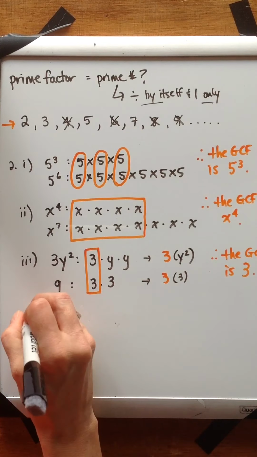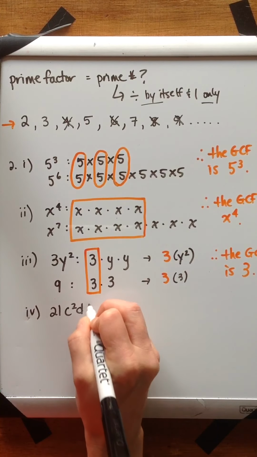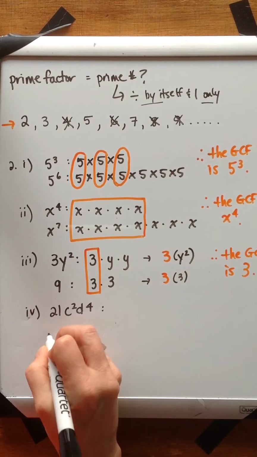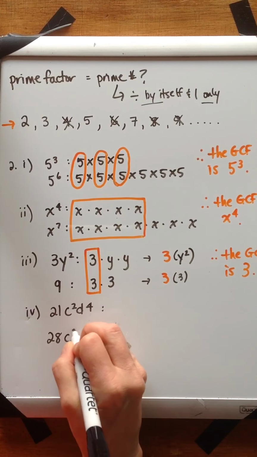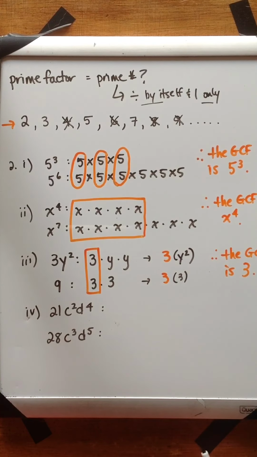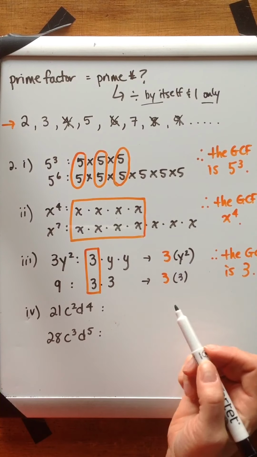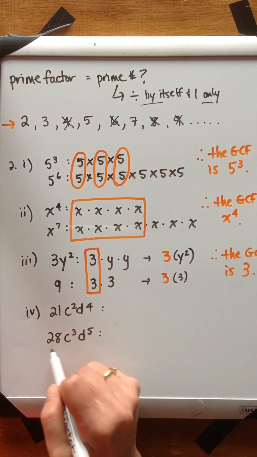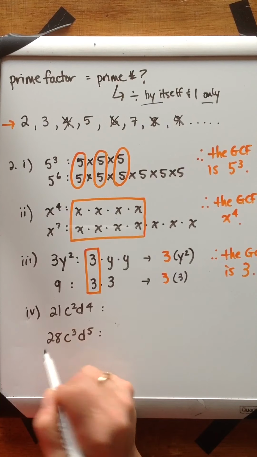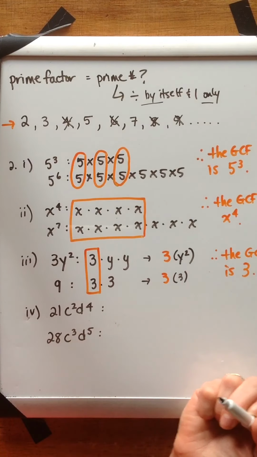Let's try one more. Let's compare 21c squared d to the 4th and 28c cubed d to the 5th. While we're learning to identify greatest common factors, I think it helps for us to expand it out. Now you notice here we have two terms that we're comparing, and when we're looking at the GCF, we need to see numerically in the coefficient what is the GCF, and literally in this part of the term what is the GCF.